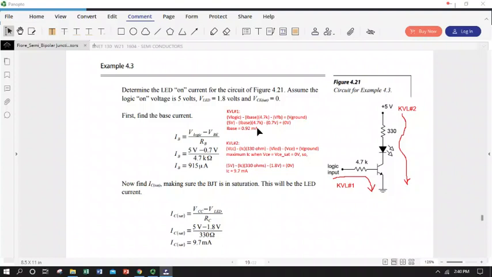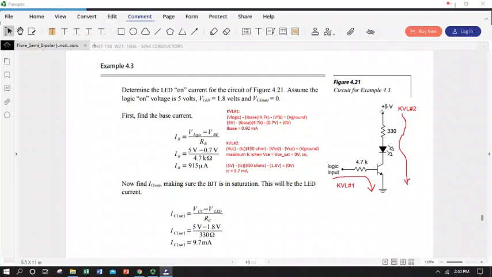Chances are our collector current is going to be quite a bit less than what we would expect from a beta controlled collector current, something like 92 milliamps if we multiplied by 100. In this case, we're controlled by the external circuit.